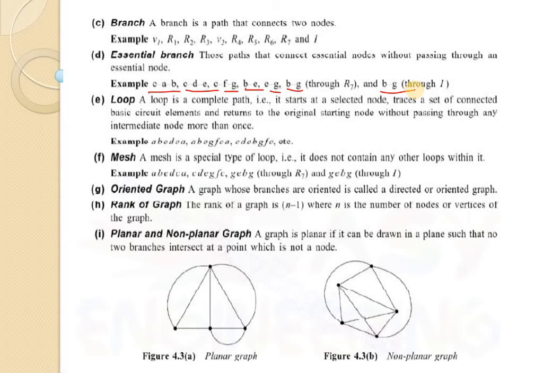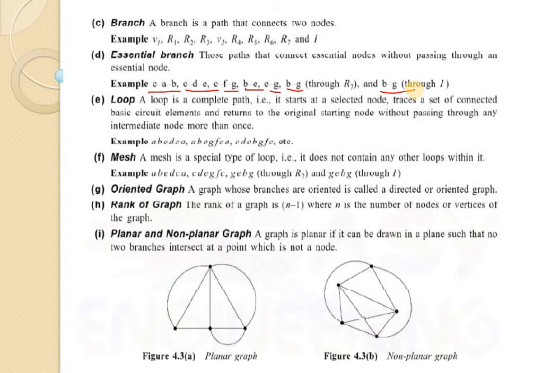Next one, loop. A loop is a complete path, that is, it starts at a selected node, traces a set of connected basic circuit elements and returns to the original starting node without passing through any intermediate node more than once. That means A, B, C, D, A and A, B, G, F, C, A. These are all loops.